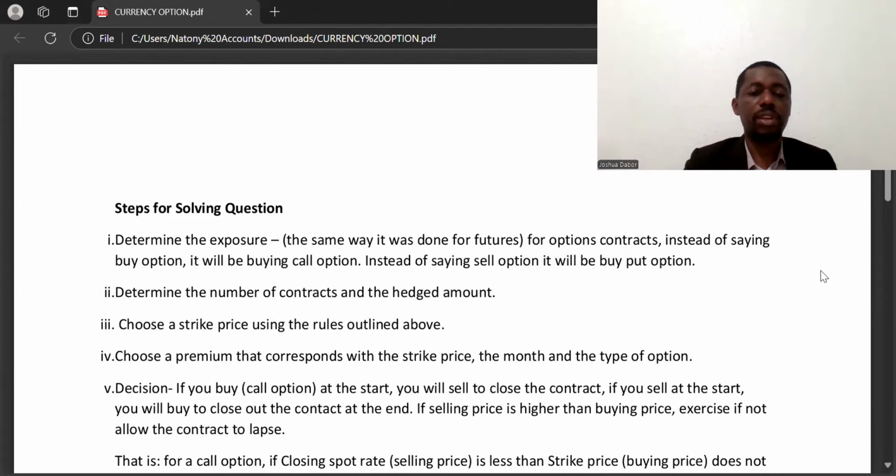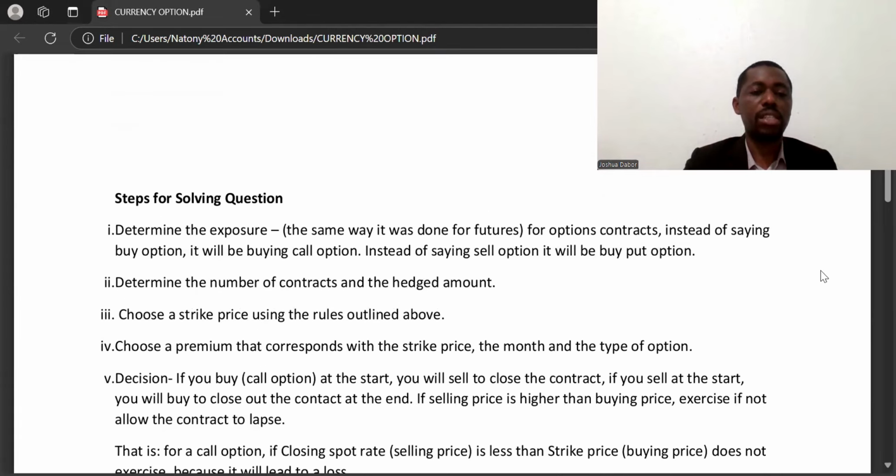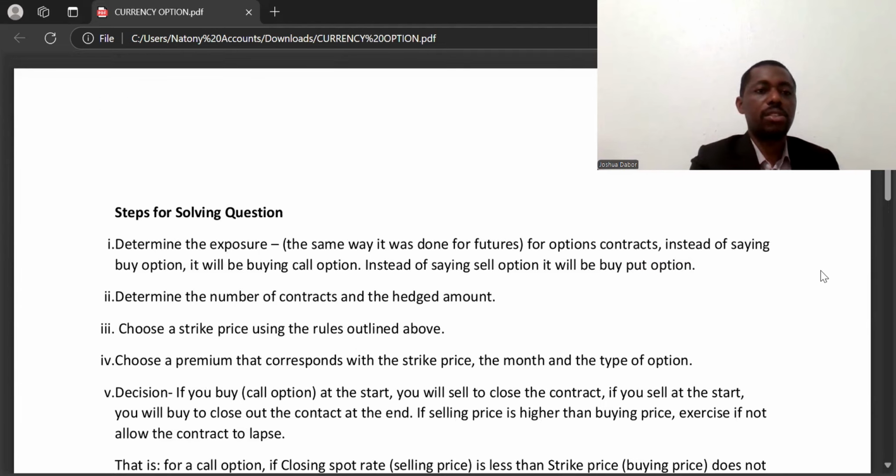So the steps to solve a question regarding the option contracts. They are a little bit similar to the futures, but here there is nothing like closing. For your futures, you have the opening futures price, you have the closing futures price, you also have basis, okay?